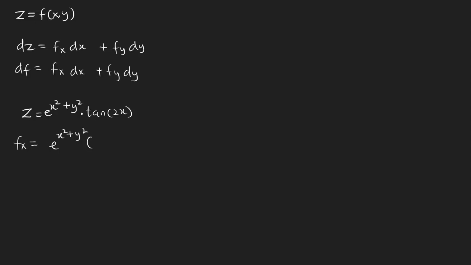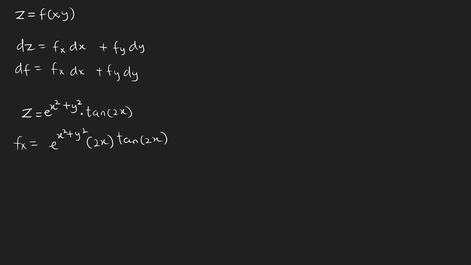So you will have x squared plus y squared. In differentiating this, I'm going to have 2x plus 0. The y squared term becomes a constant since you are differentiating with respect to x, so it becomes 0. So we're going to multiply by 2x, then all this by tan of 2x.